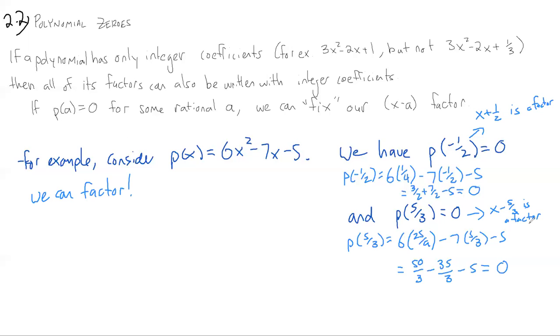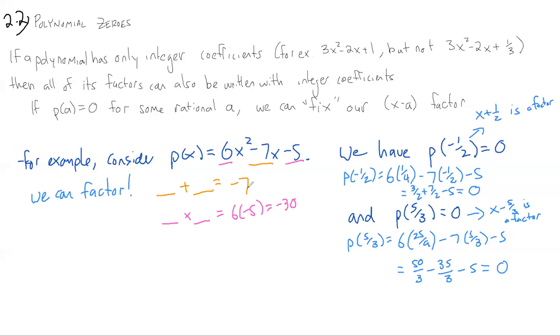Now, if we were to factor this thing, maybe for the sake of it, I'll do some review here. If you remember your techniques, we need 2 numbers that add up to the middle, and we need 2 numbers that multiply to the product of the first and last. So -30.